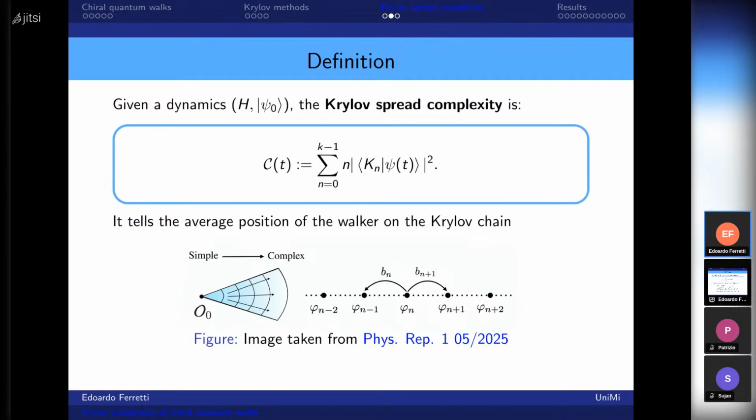So if we restrict ergodicity to the Krylov subspace, I think that it would be more closely related to ergodicity if we consider the second moment of this distribution rather than the first one, because this one doesn't tell you how spread it is. It just tells you if it goes a lot far in the chain, or if it stays in the lower part of the chain.